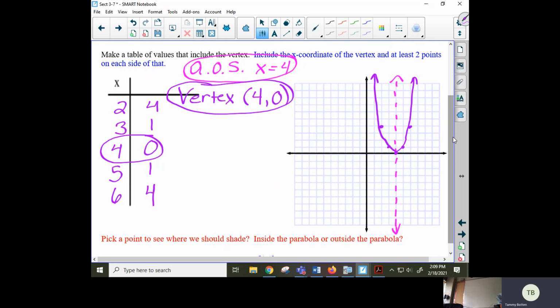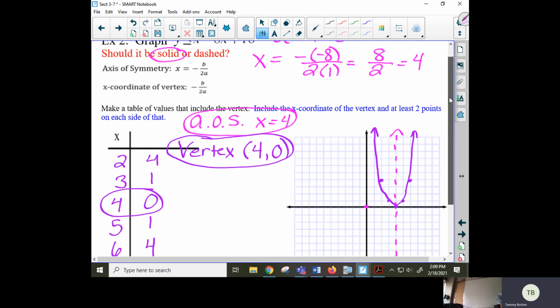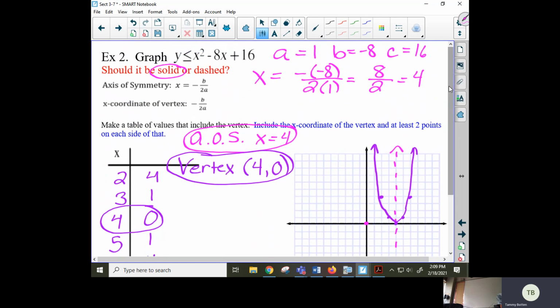All right. Then what we're going to do is pick a point that is not on the parabola. It can either be inside the parabola or outside the parabola, and see if that point works in our equation. And again, I can try 0, 0 again, just because that's an easy one to deal with.